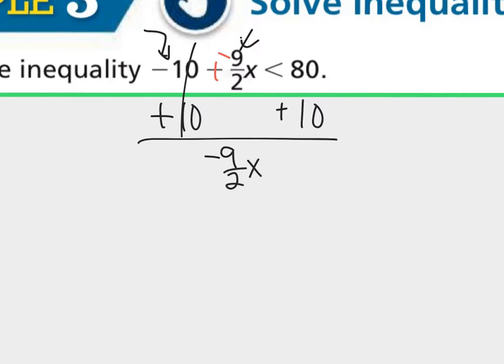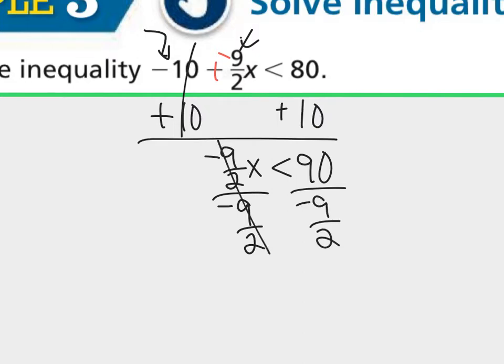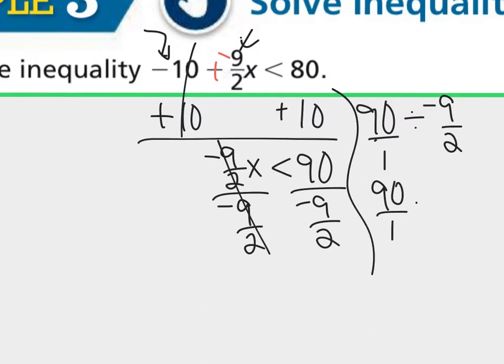So 80 plus 10 would be 90. So we could say, since they're multiplying by negative 9 halves, we could divide by negative 9 halves. I know that's not the way the book's showing, but if you'll notice here in a minute, we'll be exactly at the same spot. So dividing fractions again is keep, change, reciprocal.